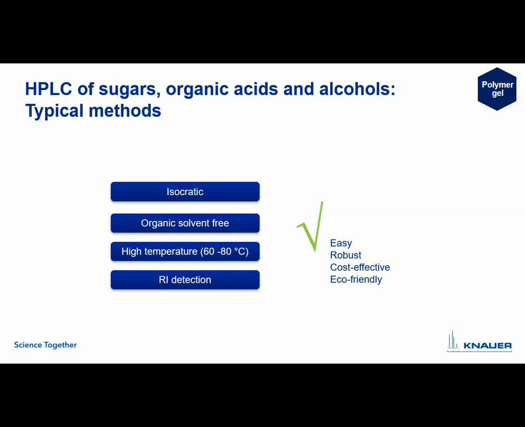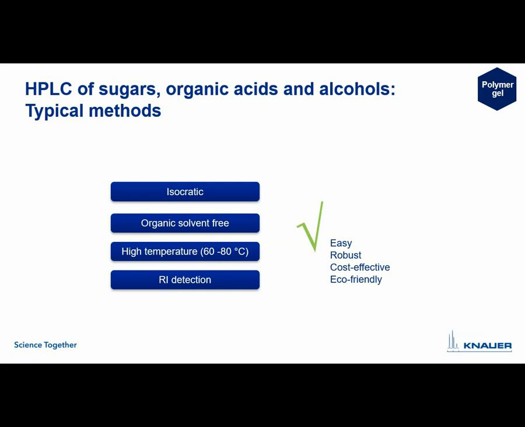At the same time, you use most often refractive index detection. This is caused by the molecules: sugars, organic acids, alcohols, other carbohydrates can most often not be seen in a UV detector. And here you use the refractive index. This very nicely corresponds to the isocratic methods because the columns don't use anything else.